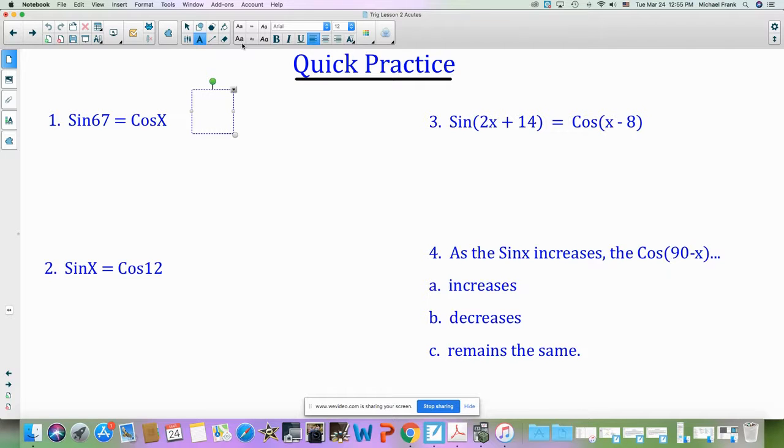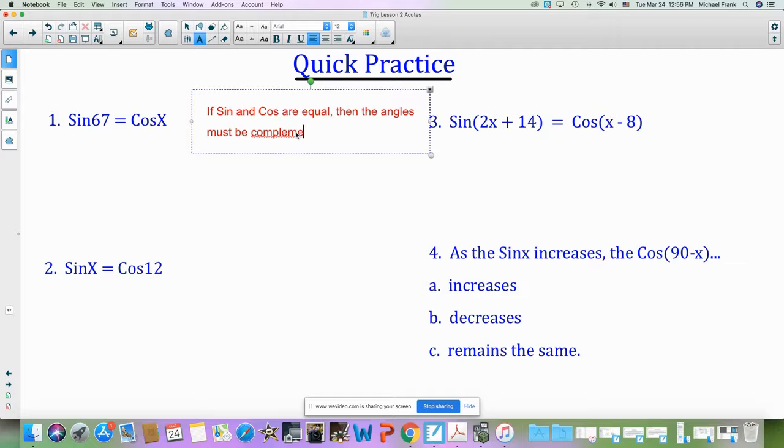Let me write that down here. That's important, right? If sine and cosine are equal, then the angles must be complementary, they sum to 90.